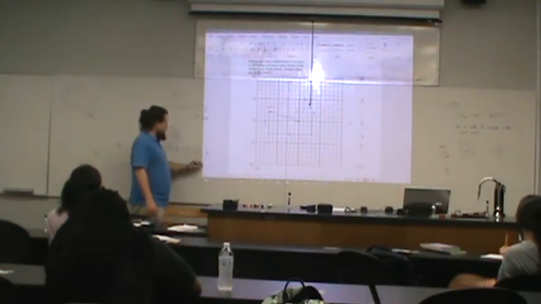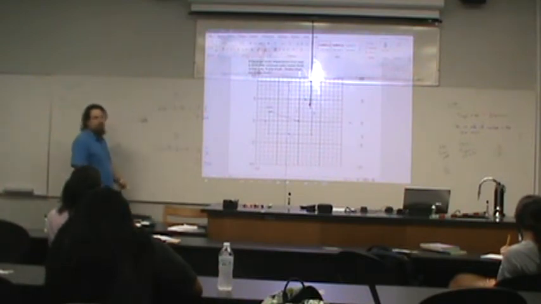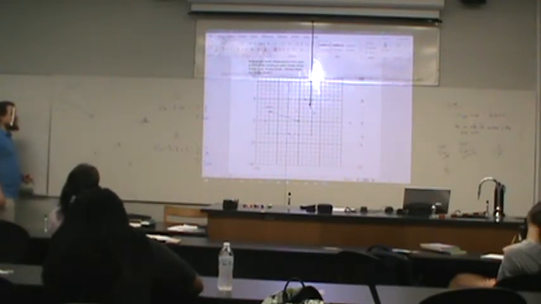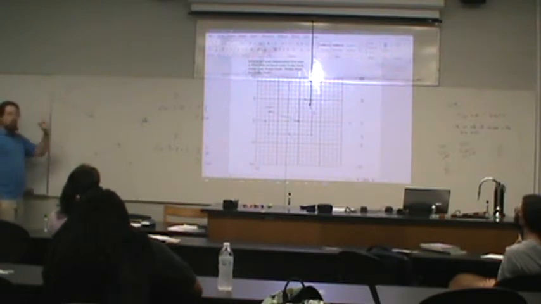You could write this as 2 meters north. Either way, it's in the positive direction. We are northward, we are positive y away from where we started in the y-axis.